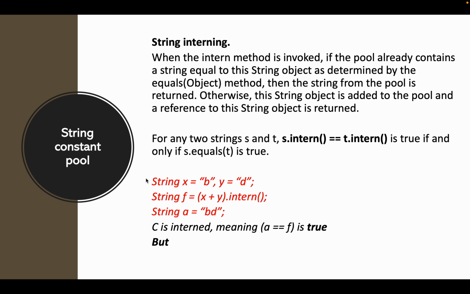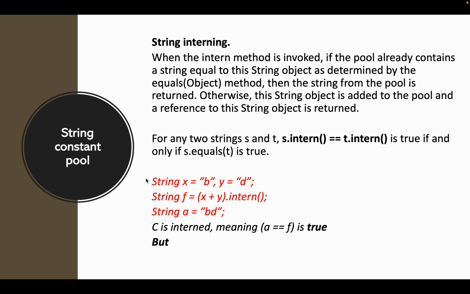We have mentioned you can also decide to do intern as we did. So when the intern method is invoked, according to the Java docs, if the pool already contains a string equal to this string object as determined by the equals method, then the string from the pool is returned.